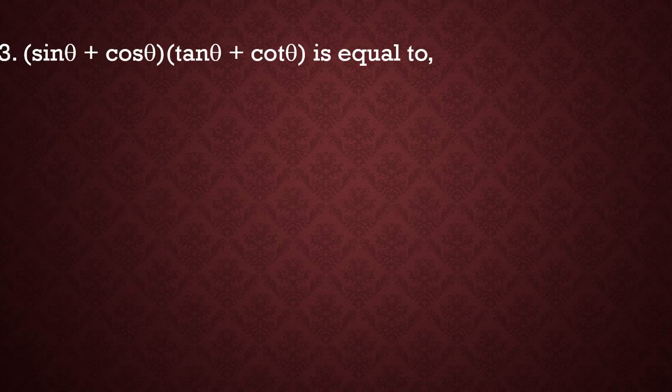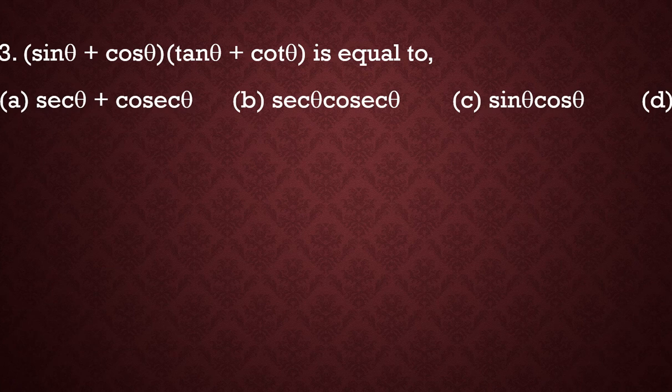The next question will be sin theta plus cos theta into tan theta plus cot theta is equal to. You know the relation between sin, cos, tan and cot here. So these are the options. One of the options you have to choose. So we know that tan theta can be written in terms of sin and cos as sin theta by cos theta.